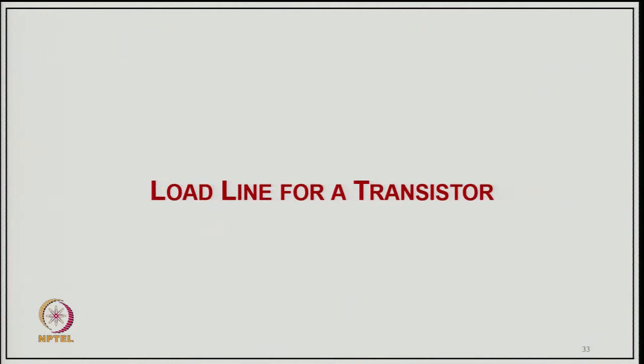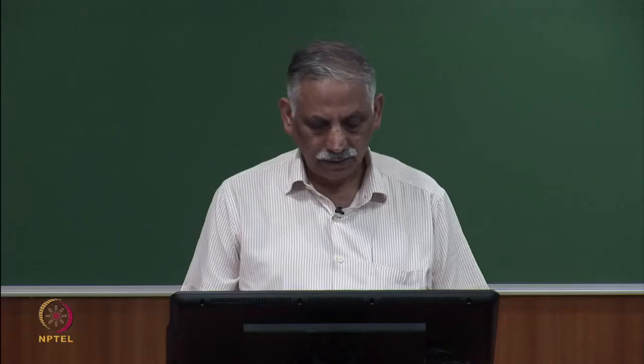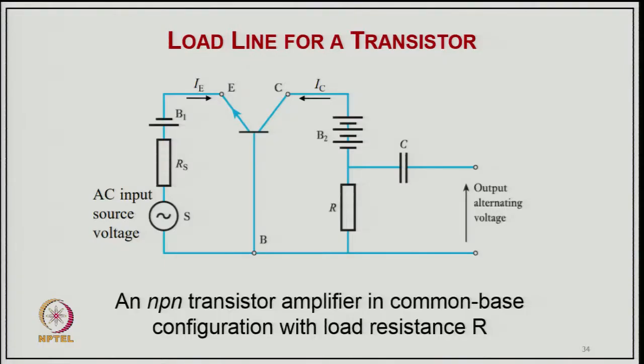Now, coming to the load line of the transistor, we can get it by taking an NPN transistor in the common base configuration with amplification and with the load resistance R here.